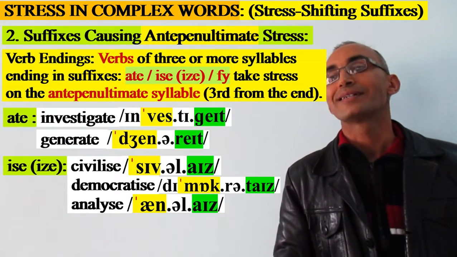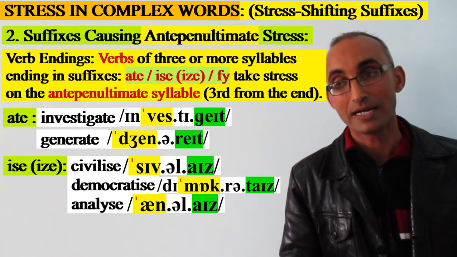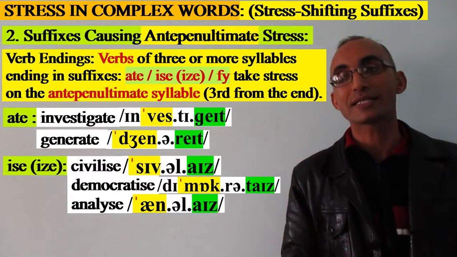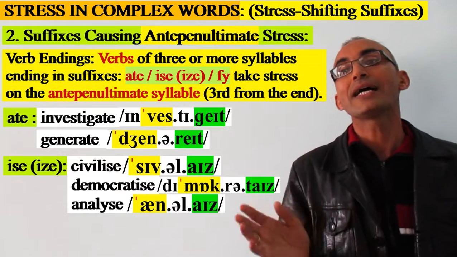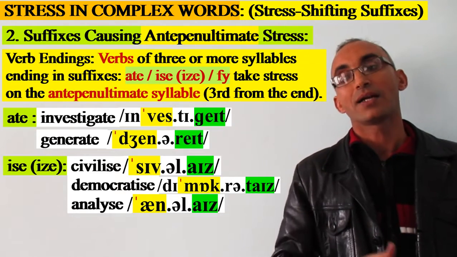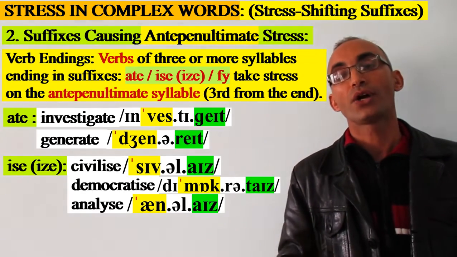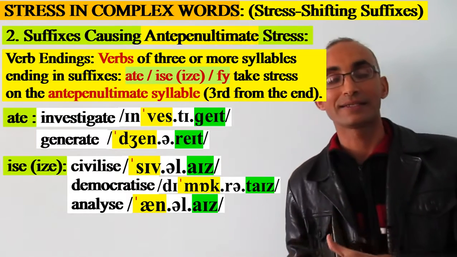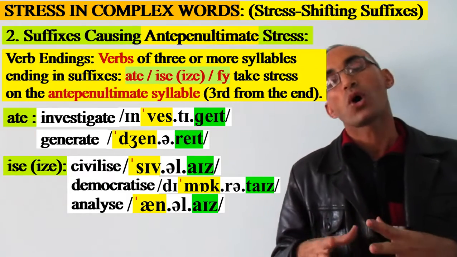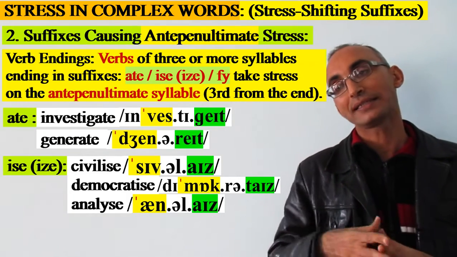Because it is anti-penultimate in a verb which ends with -ize. Also we have democratize: tize not stressed, cra not stressed, and moc is stressed. Also analyze: lyze not stressed, na not stressed, and a is stressed. Why? Because it is the third from the end, anti-penultimate in a verb of three syllables which ends in -ize.